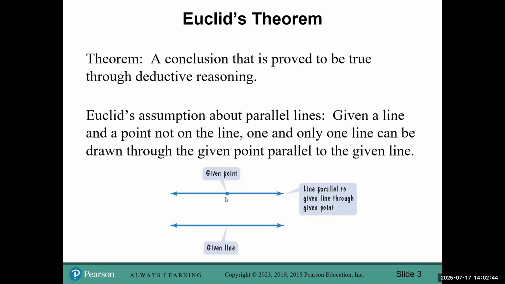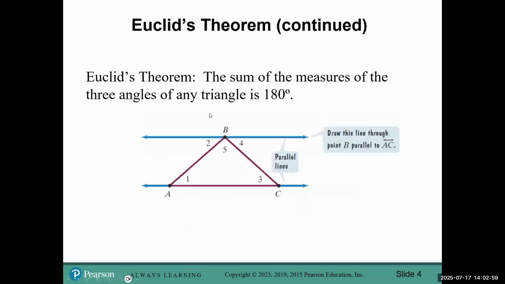And if you think about it and try drawing it, you'll notice that there really is only one way to do that. And so if we take this assumption and then we add to it what we learned last week with our parallel lines and then the transversal that was cutting through them.